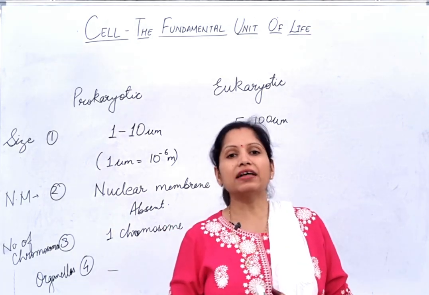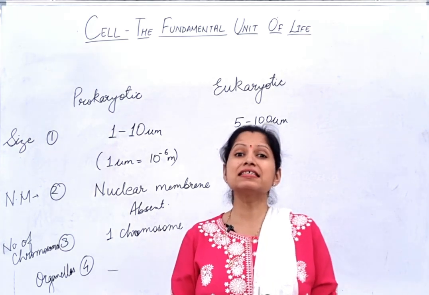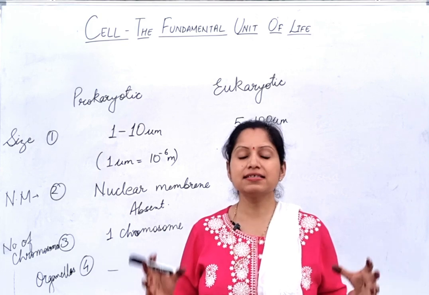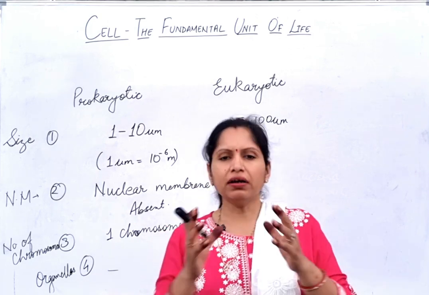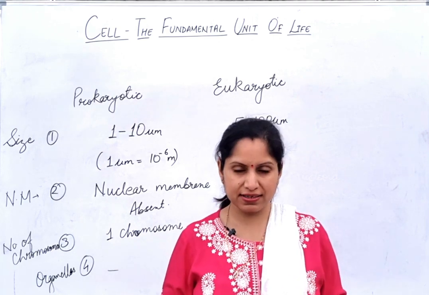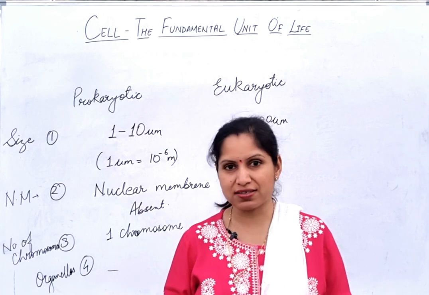Okay, so that was all about the nucleus. Then we come to cell cytoplasm. Whatever components are there inside the plasma membrane but outside the nucleus, that is all the fluid part, and that fluid part is known as cell cytoplasm.